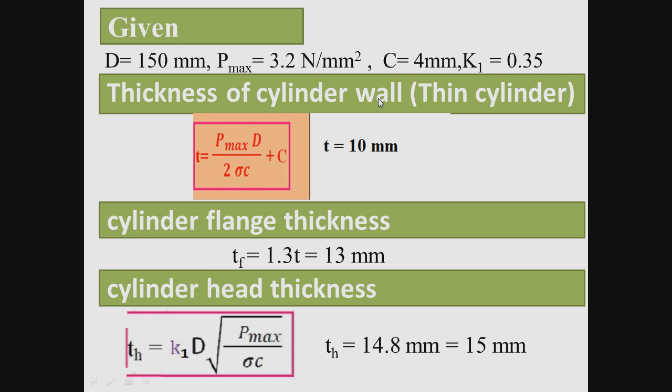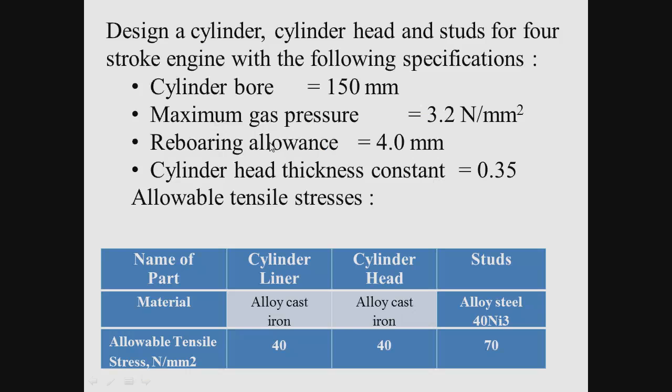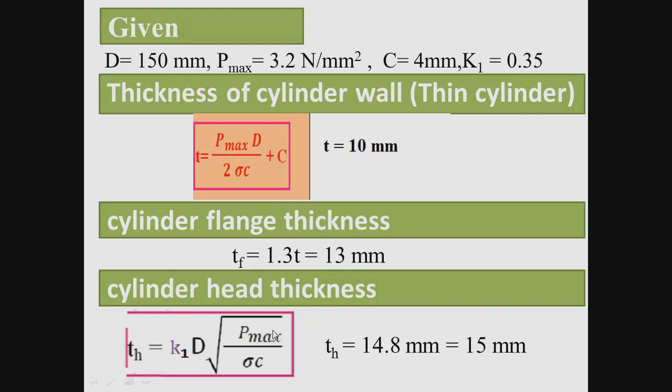First, let us find the thickness of the cylinder wall. The thickness of the cylinder wall is given by the formula T is equal to Pmax into D by 2 into sigma suffix C, plus C. So the Pmax value is 3.2, the D value is 150, and sigma C is the allowable stress of the cylinder wall, which is 40 as given in the problem.